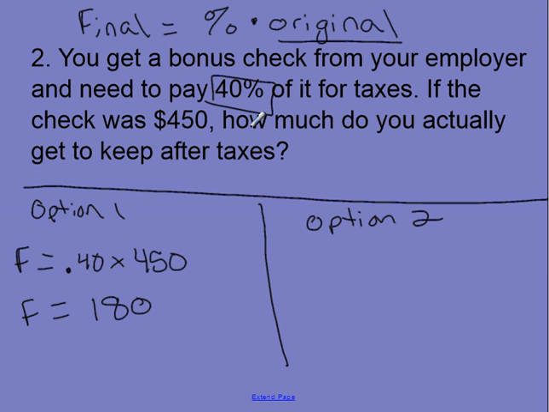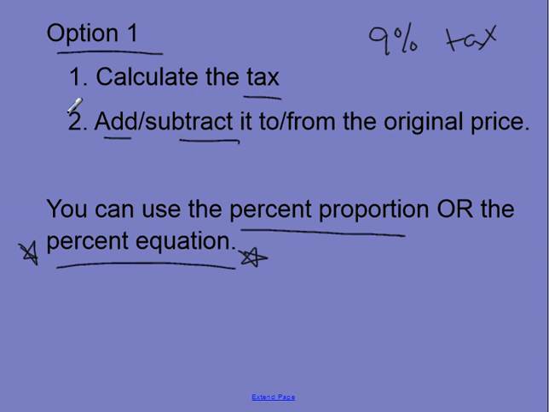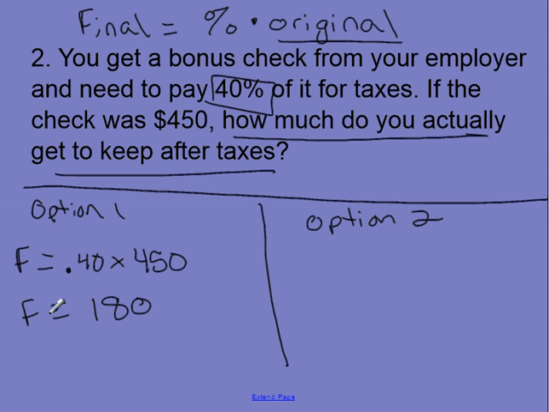But to find out how much you actually get to keep after taxes, remember option 1 has 2 different steps. You have to add or subtract it from the original price. So then I would have to do $450 minus 180, and you end up getting to keep $270 from your bonus check.